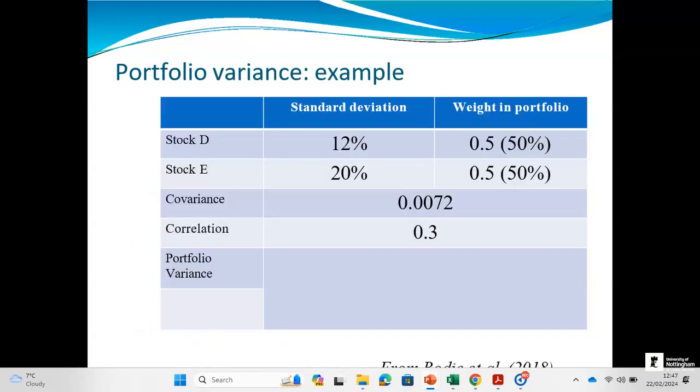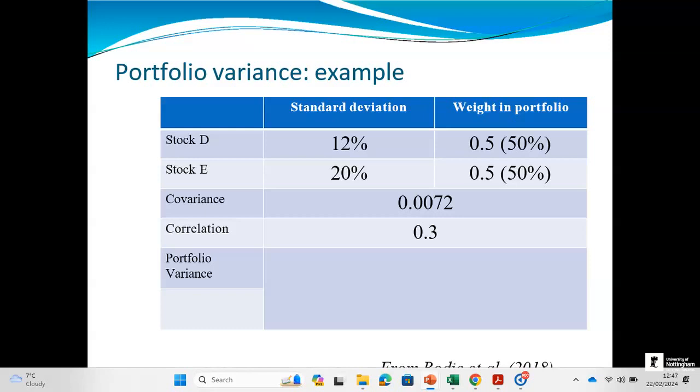Okay, let's look at the portfolio variance using an example. Here we are looking at standard deviation as a measure of risk.